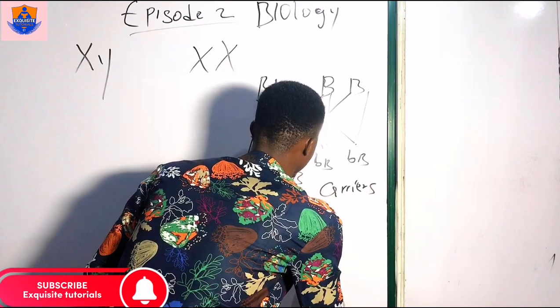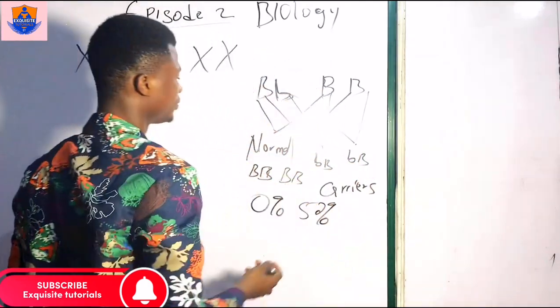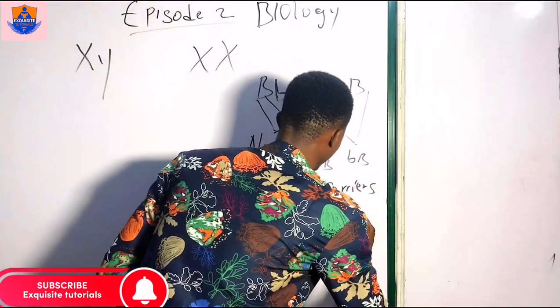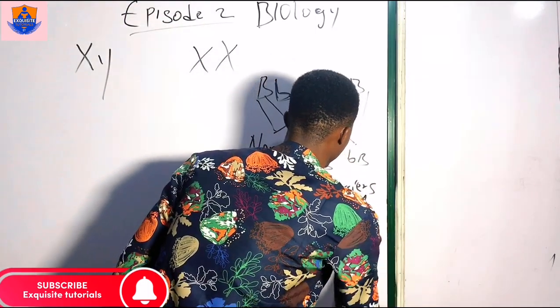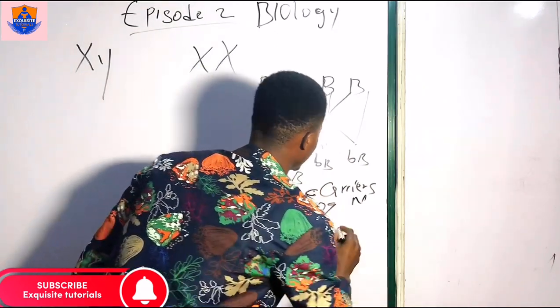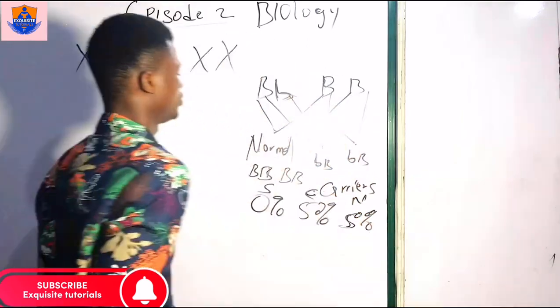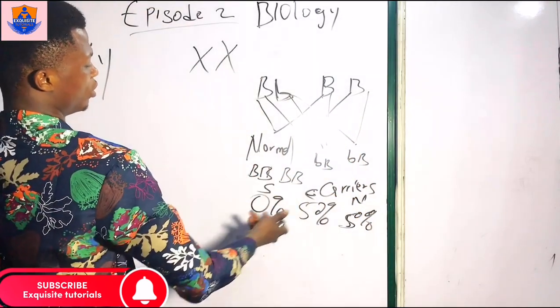Carrier is 50% because half here are carriers. Normal is 50% as well, because the capital B capital B is normal.